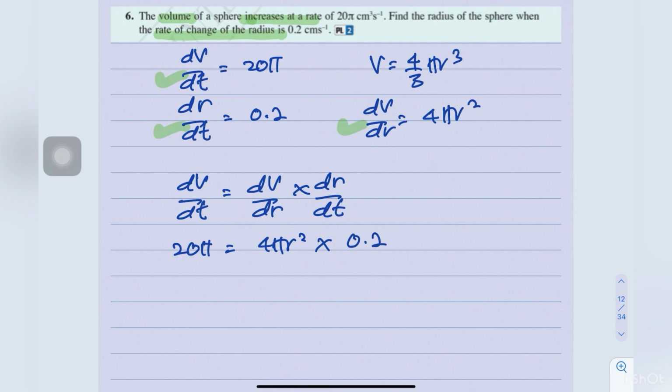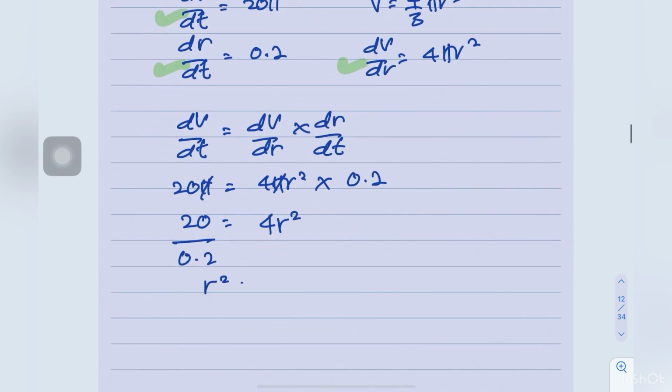So we simplify this. It becomes 20 equals 4 r squared times 0.2. So r squared equals 25. So r equals 5.